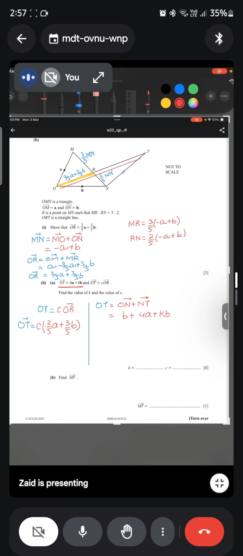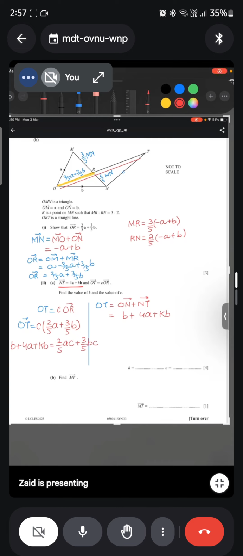We don't know K, and we don't know C as well. So OT is B plus 4A plus KB equals 2 over 5 AC plus 3 over 5 BC.